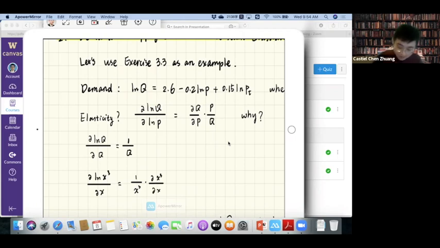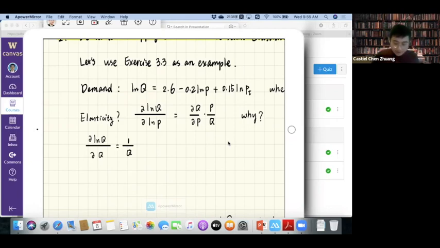And then what you will get is 1 over x to the power of 3 times 3 times x to the power of 2, x squared. So you will still get 3 over x. So either way, just make sure that you're familiar with the derivative of a natural log, and familiar with the chain rule and other rules that I talked about last time, okay?